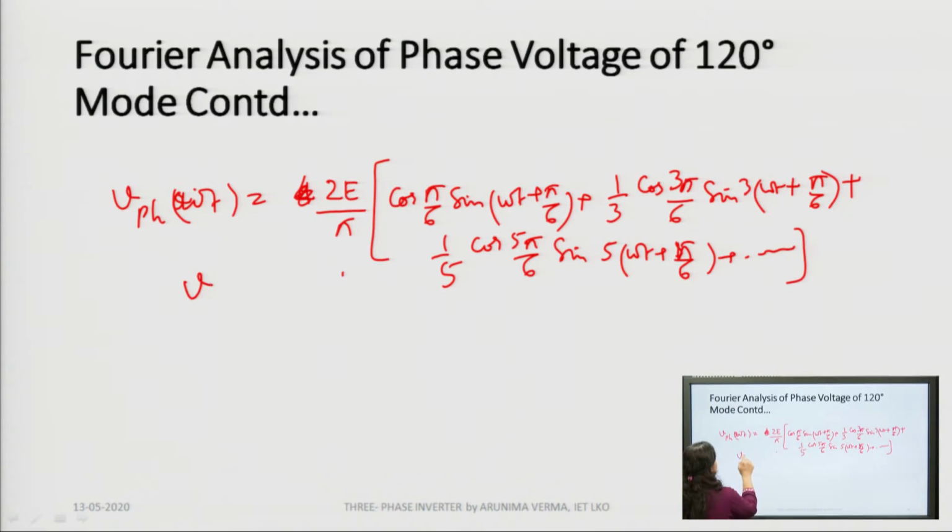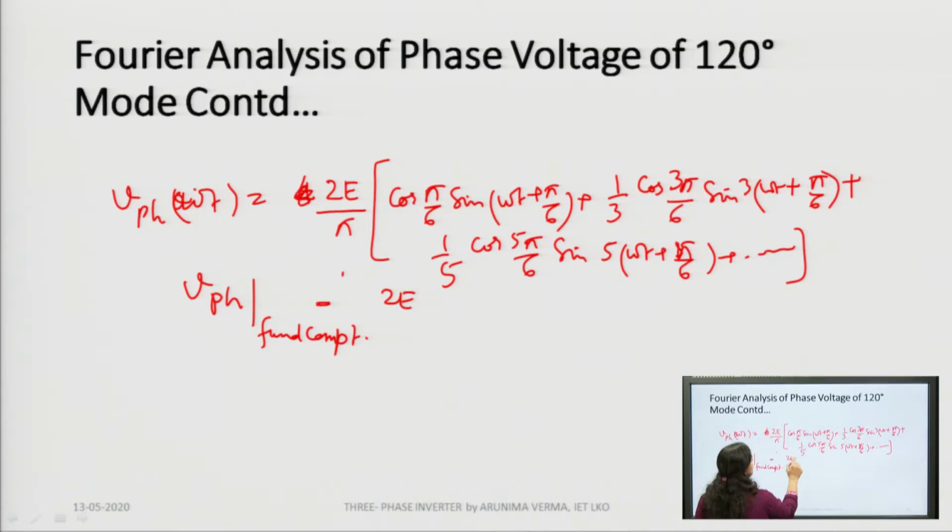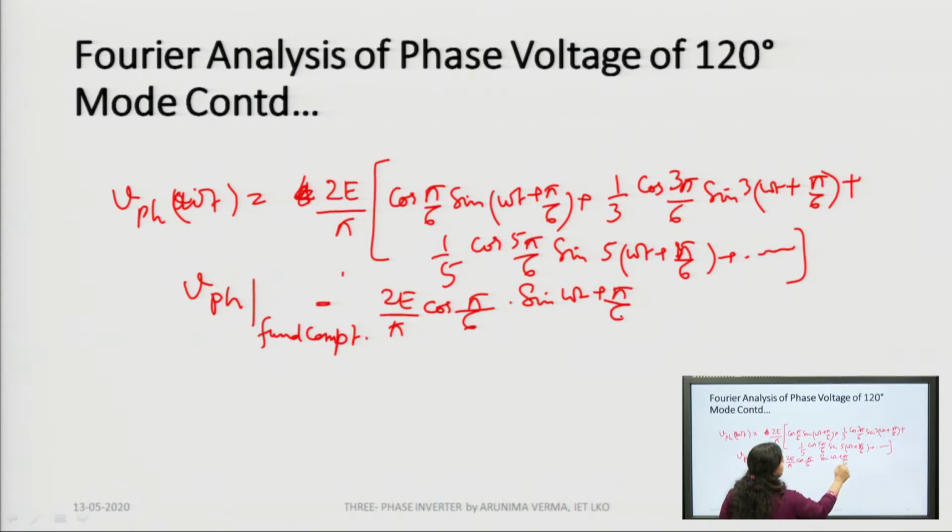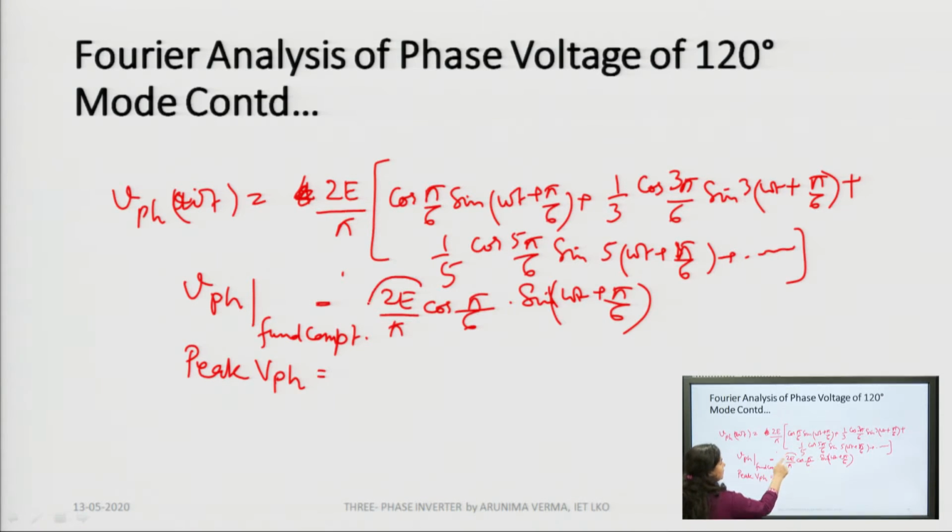Now, if you want Vph peak, first extract the fundamental component, which is 2 E by pi cos pi by 6 sin omega t plus pi by 6. This is the fundamental component which you have extracted from the Fourier analysis, and finally, if we want to calculate the peak value of Vph, this sine part is varying, so you cannot include it as a magnitude.